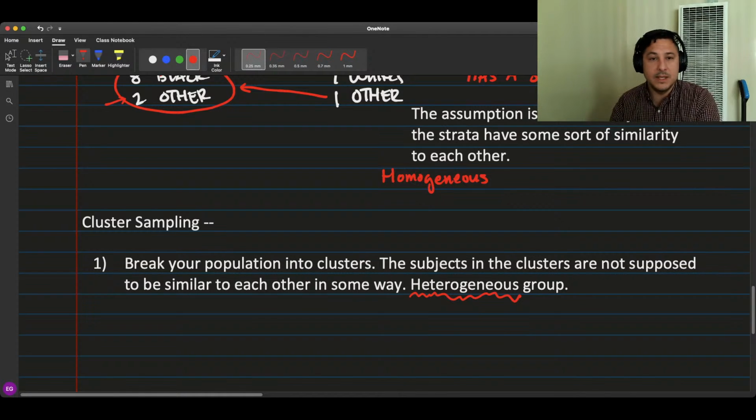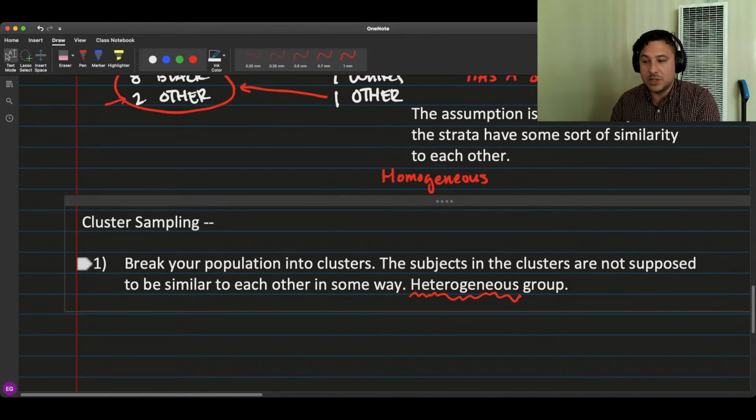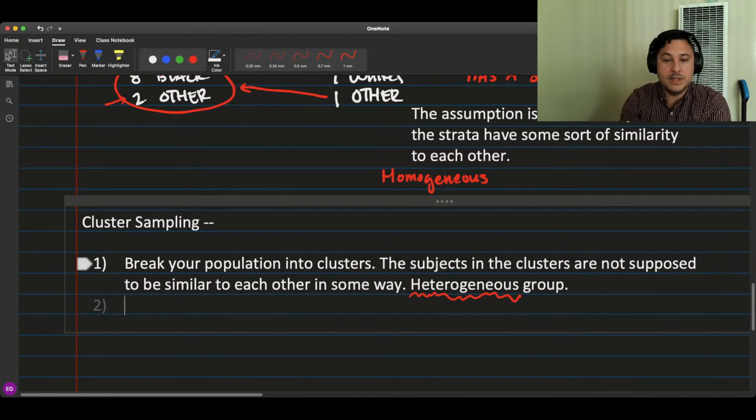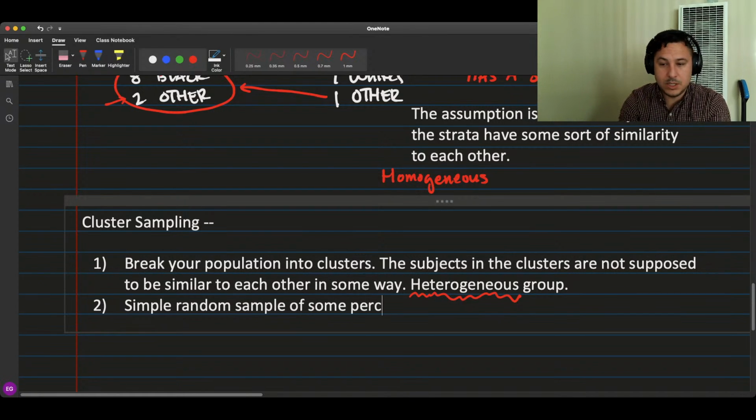Okay, so it ends up being really similar the way this works. For cluster sampling, you break your population into clusters, and then you take a simple random sample of some percentage of each cluster.